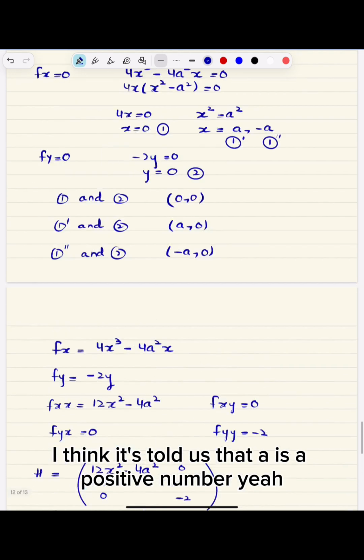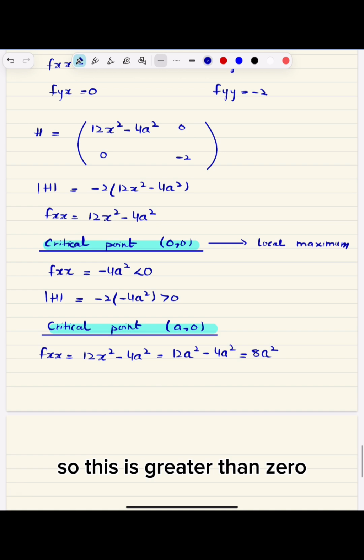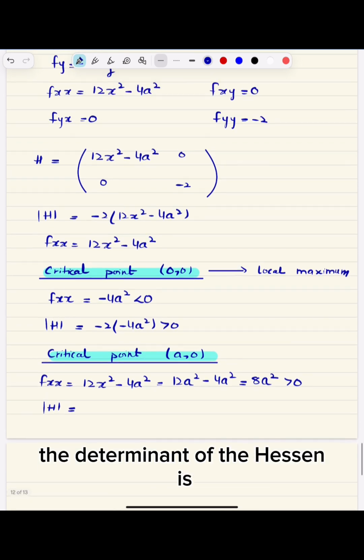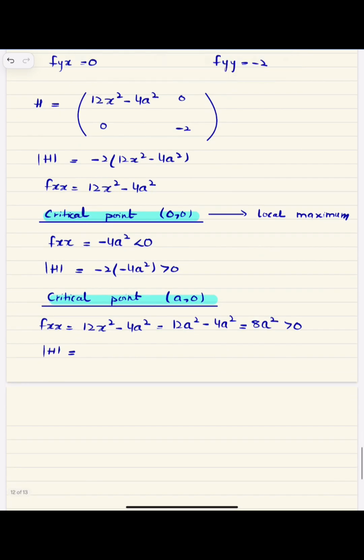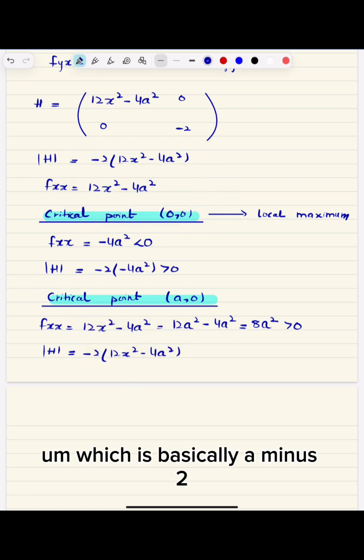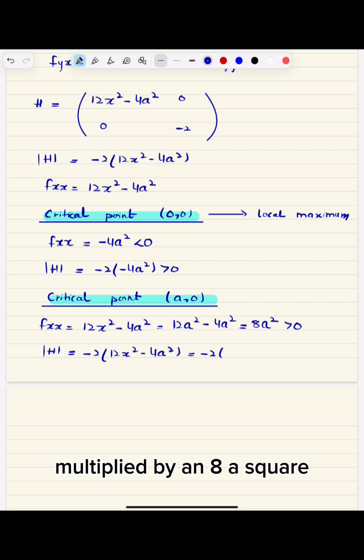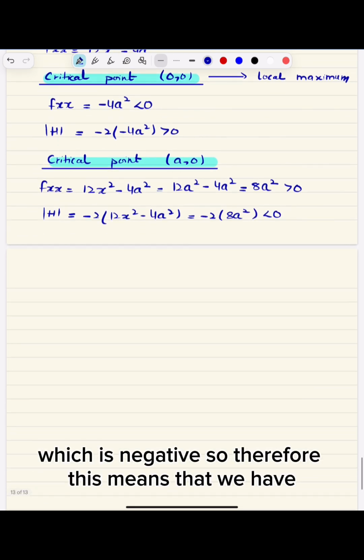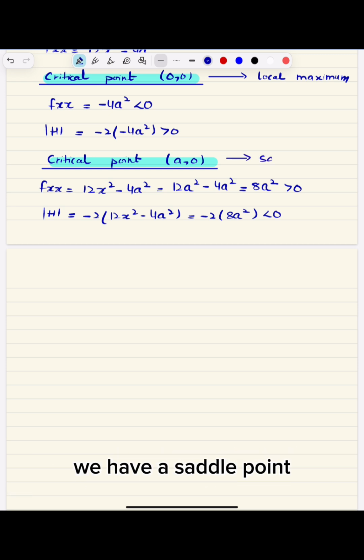A is positive, I think it's told us that a is a positive number, so this is greater than 0. What about the determinant of the Hessian? It's basically -2 multiplied by 8a squared, which is negative. Because the determinant is negative, we have a saddle point.